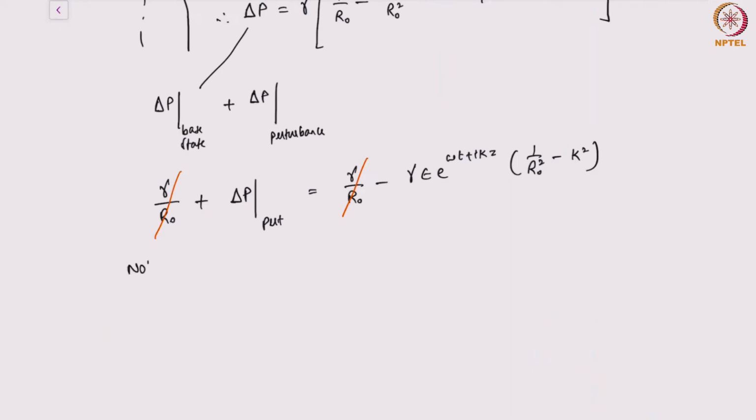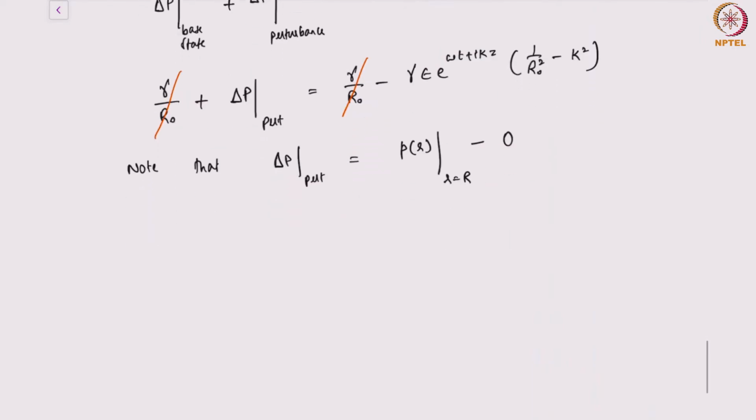You can also note that delta P, the perturbation, is nothing but the pressure inside at R equals capital R minus the perturbation to the pressure outside. But there is no perturbation outside because it's just a passive gas which is unperturbed.